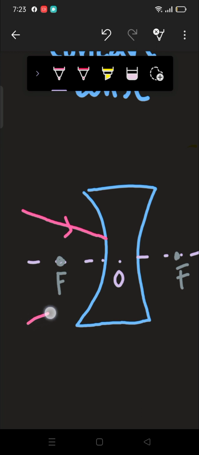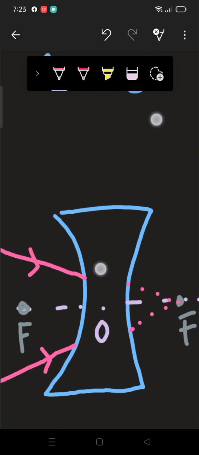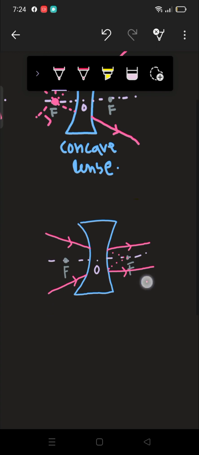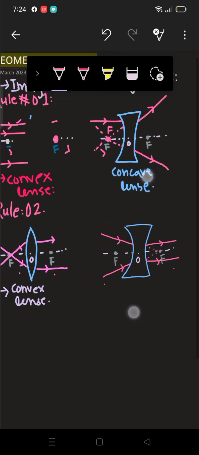So they are shown as coming from the focal point, and as they are coming from the focal point, they will always go parallel to the principal axis. So this is the refracted ray and this is the incident ray.